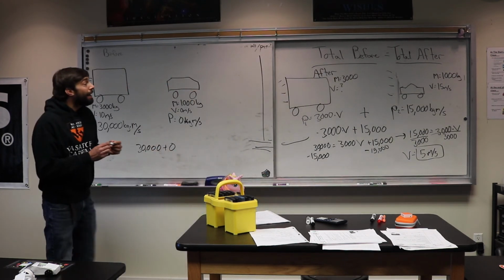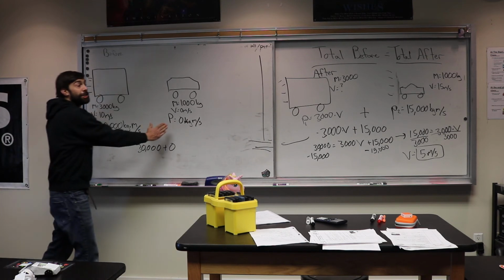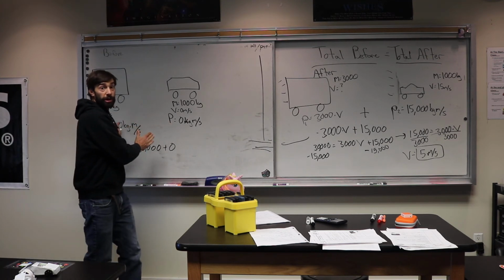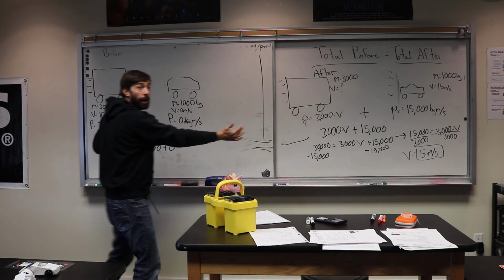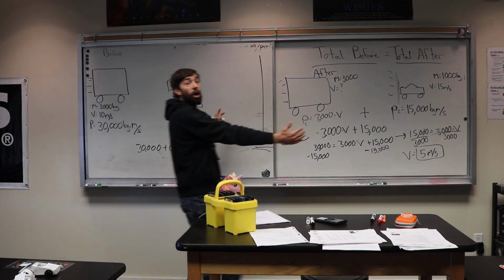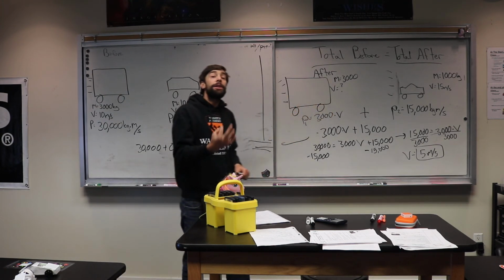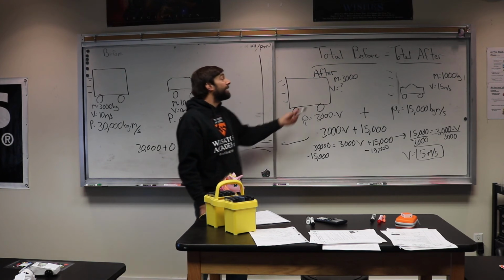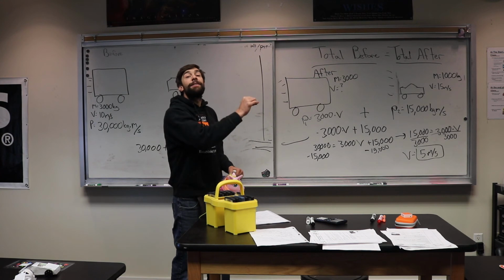So again, the big key thing, what we did: we found the momentum of each individual object before the collision and after the collision. We added up all the momentums before the collision. We added up all the momentums after the collision. And if we didn't know a variable, if we didn't know mass, if we didn't know velocity, we would just write it as a variable.